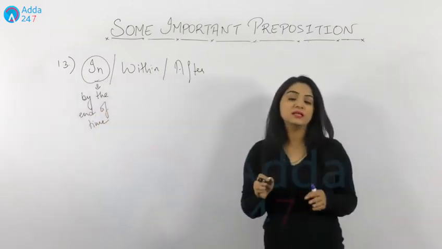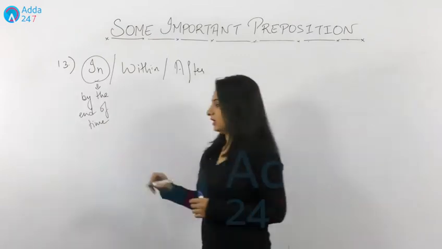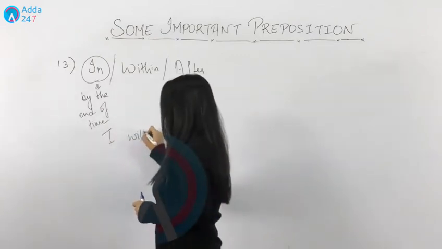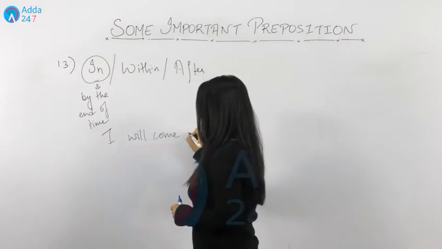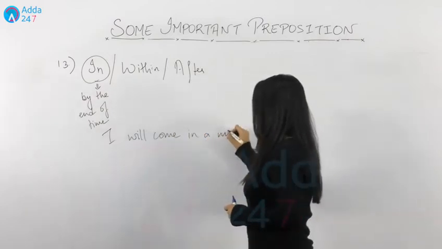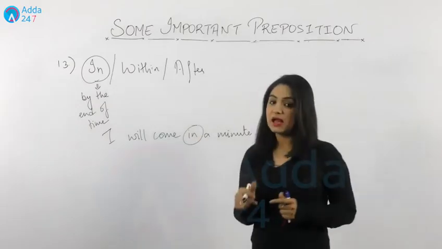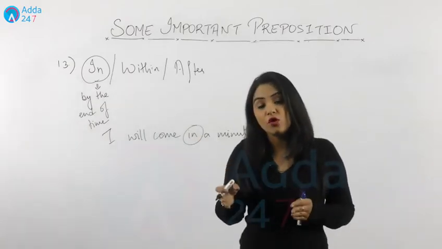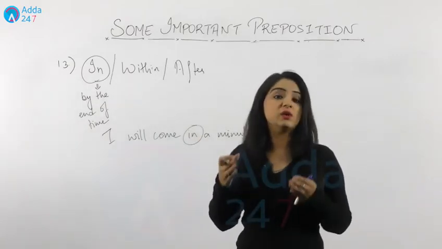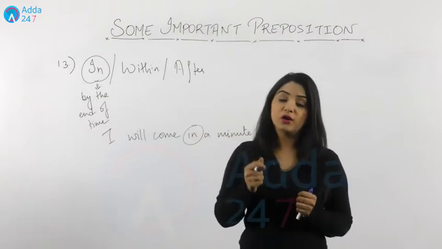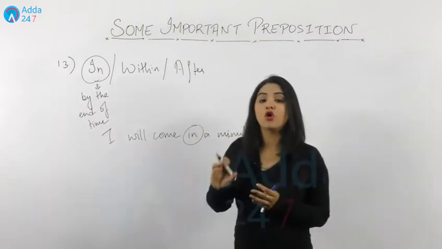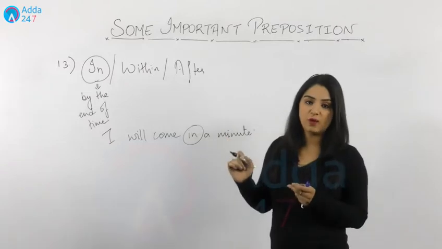That means if I say, I will come in a minute, here "in" is placed. And "in" here means before 1 minute ends, I will come. It can be before or till the end of 1 minute.